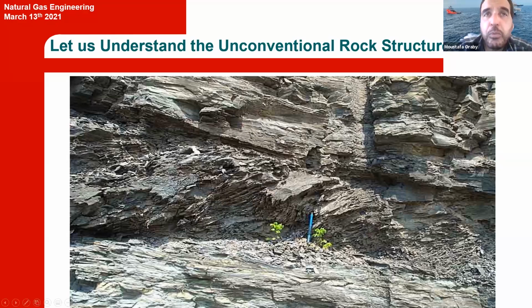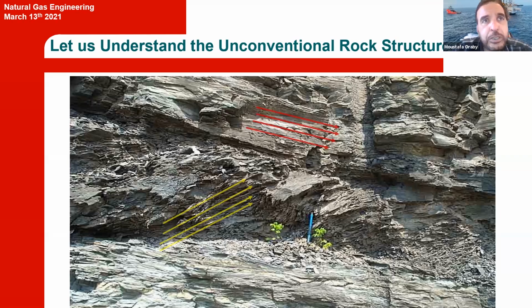So one of the most important characteristics, guys, keep this in mind: any unconventional reservoir is structured by very thin lamina. This is one of the properties of an unconventional reservoir. It has to be very thin lamina. Okay, so just keep this in your mind.